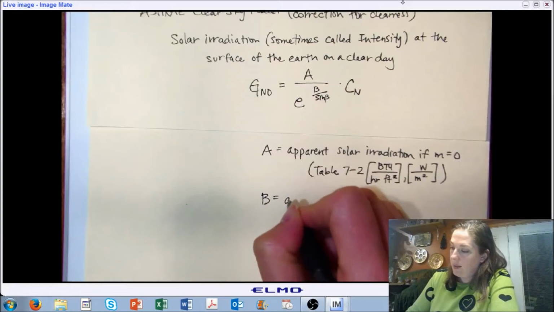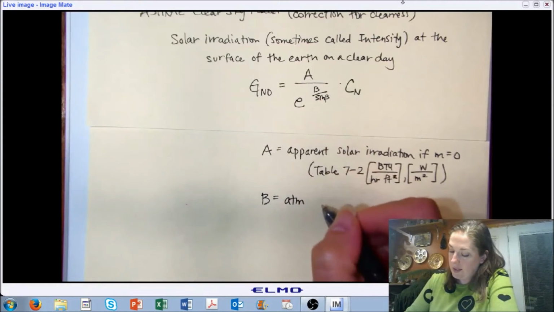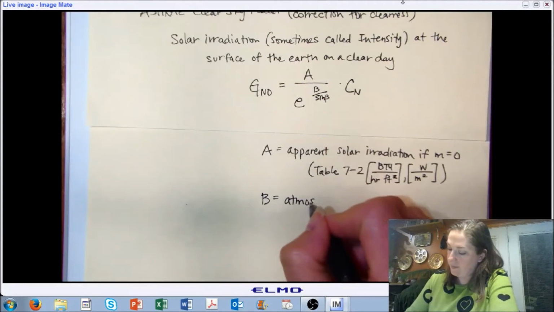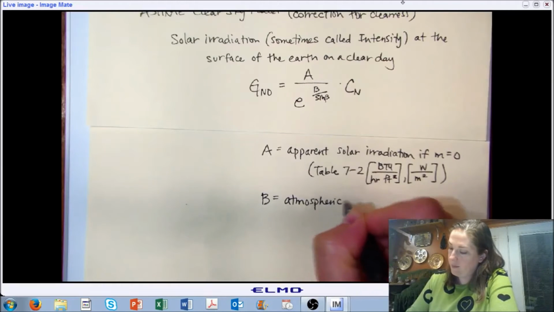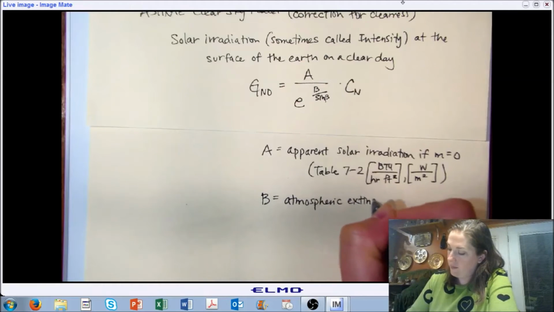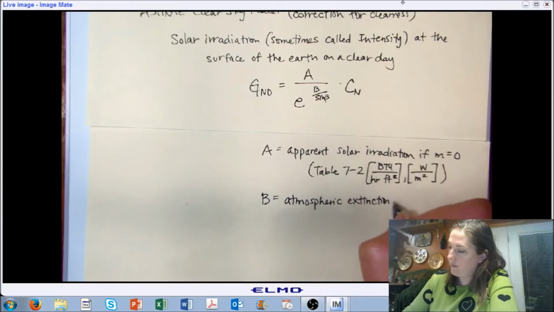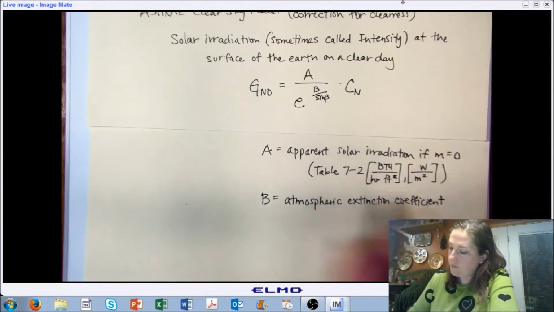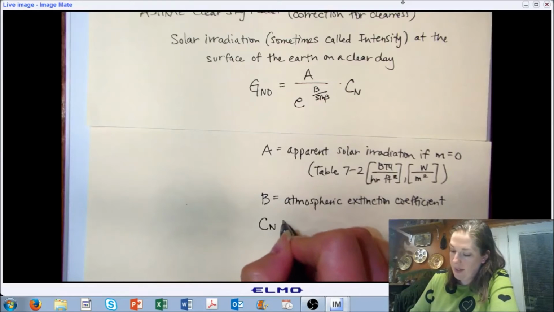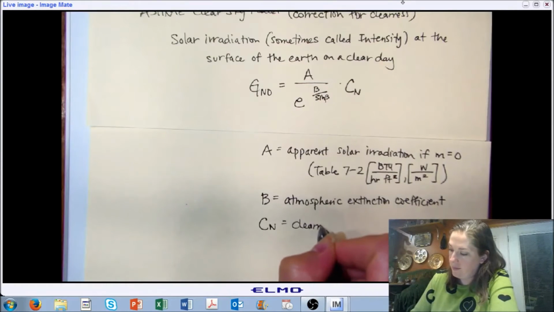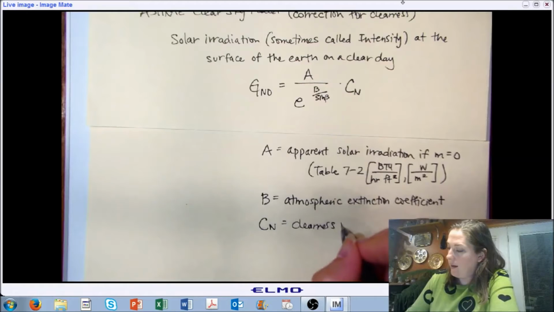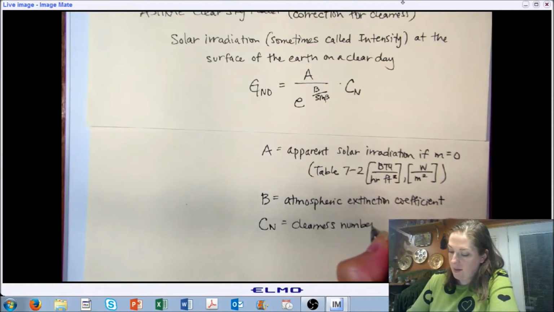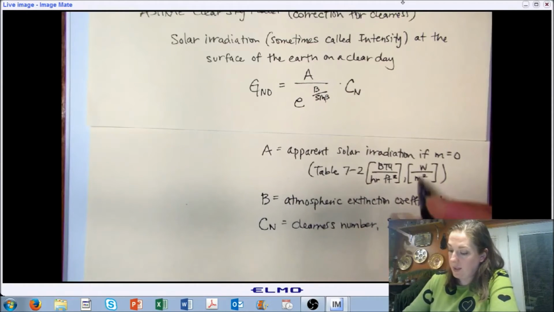B is going to be called our atmospheric extinction coefficient. C sub n is our clearness number, and can be taken off. It's represented as a percentage, and we can take it from figure 7.7.